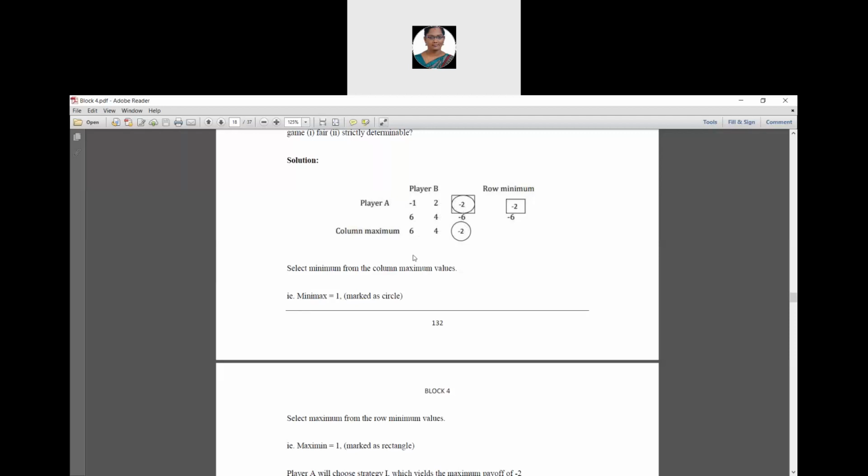Select the minimum from the column maximum values. So out of these three maximum values we have to pick the minimum. It is -2, so minimax is equal to -2.